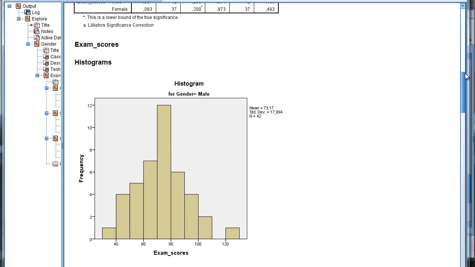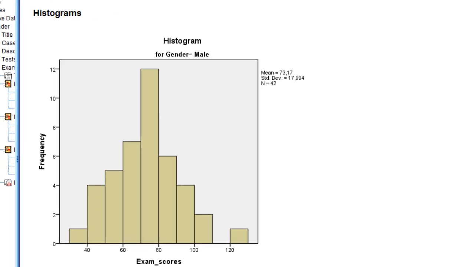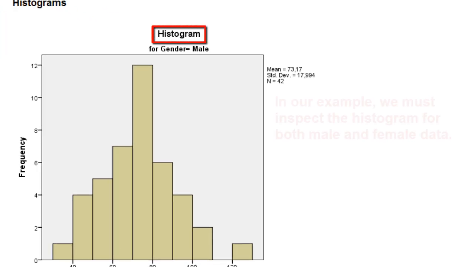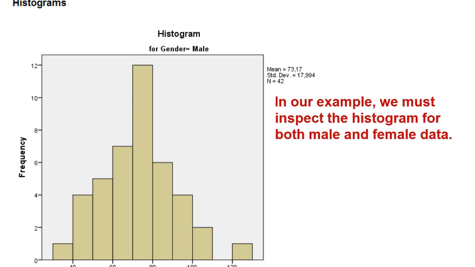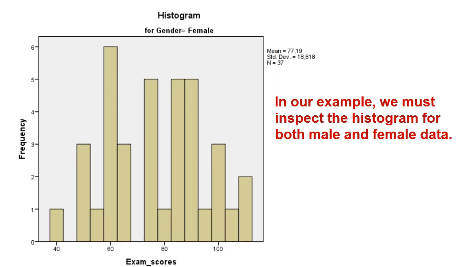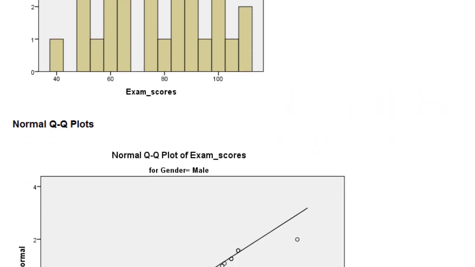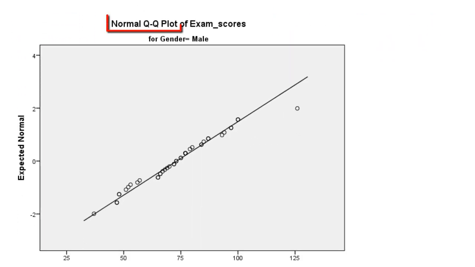Next, let us look at the graphical figures for both males and female data. Start by inspecting the histograms visually. They should have the approximate shape of a normal curve, and I think they have in our example. So everything is okay here. Then look at the normal QQ plot. The dots should be along the line.